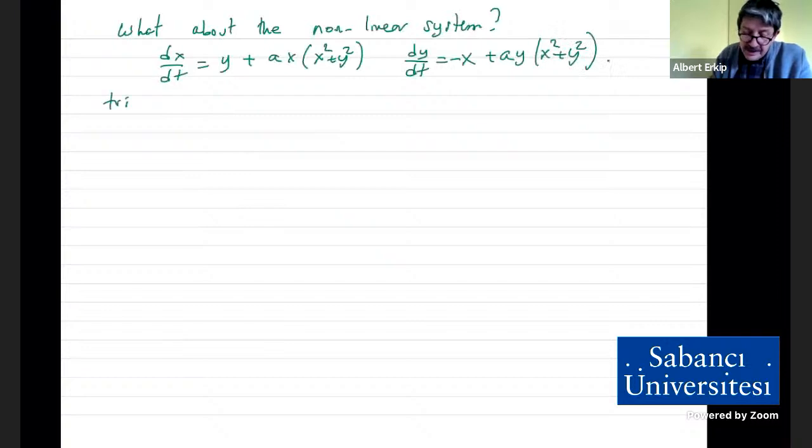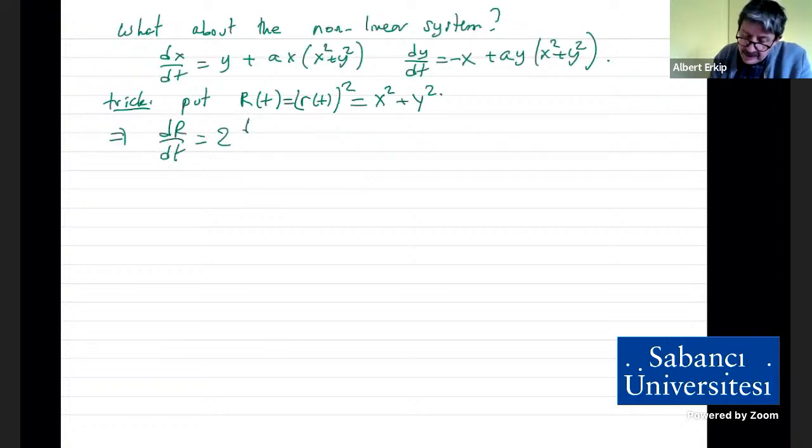Now the trick is to put r of t as little r of t squared, that is x squared plus y squared. Then dr dt equals 2x dx dt plus 2y dy dt.